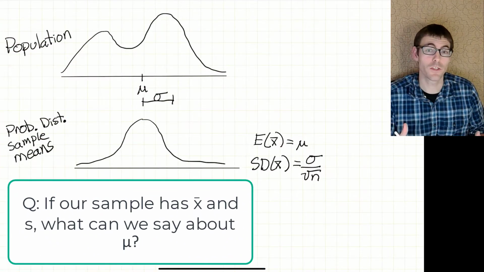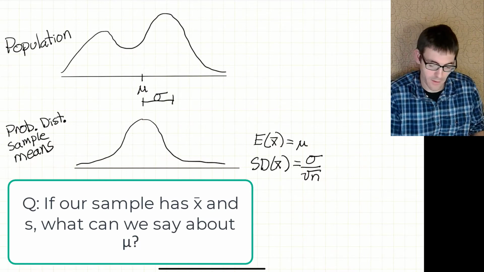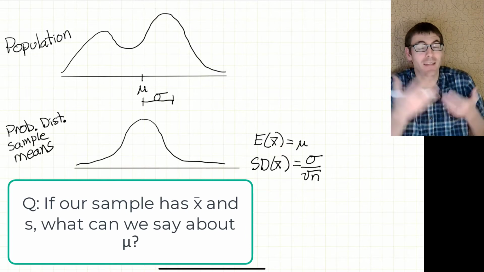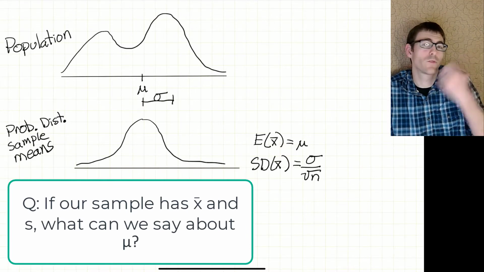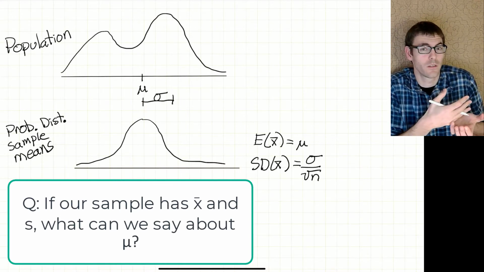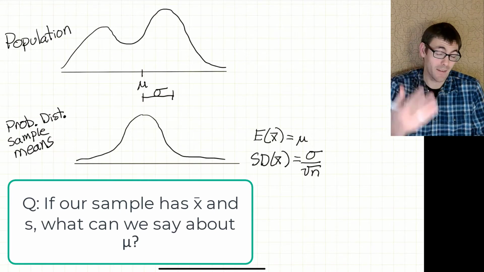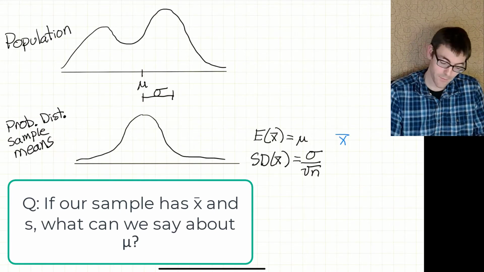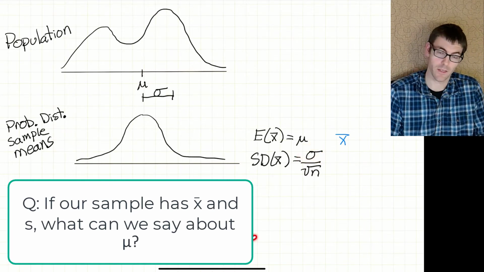When we talked about proportions, we said that the standard error was an estimate for the standard deviation. And we estimated that with our best guess as to what the actual population's proportion was, which was the sample information. We're going to do that same type of thing here. So our best guess for the mean of the population is our mean of the sample, and our best guess for the standard deviation of the population is the standard deviation of the sample.